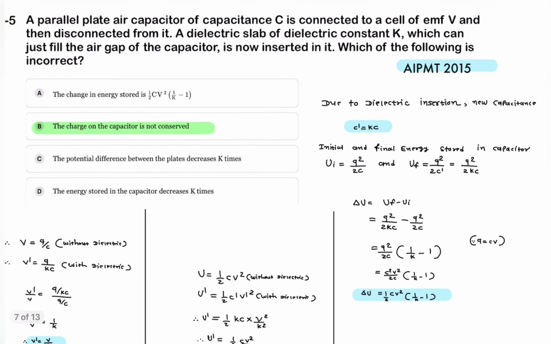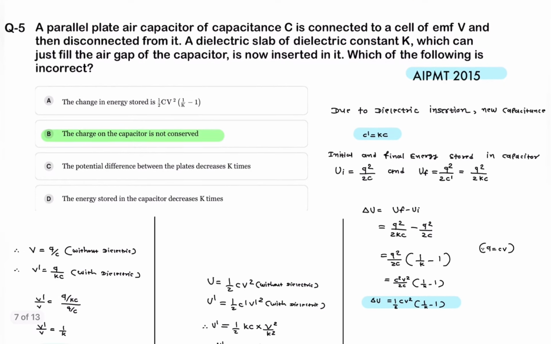Question number 5 that was asked in AIPMT 2015. A parallel plate air capacitor of capacitance C is connected to a cell of EMF V volt, and then disconnected from it. A dielectric slab of dielectric constant K, which can just fill the air gap of the capacitor, is now inserted in it. Which of the following options is incorrect?